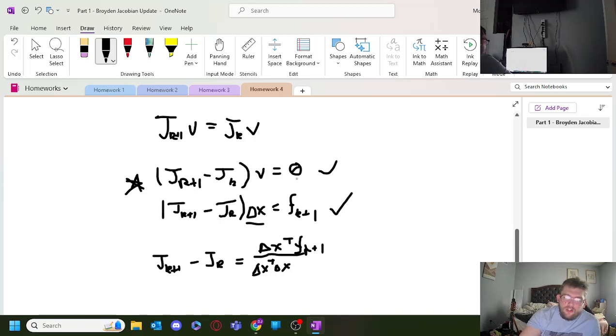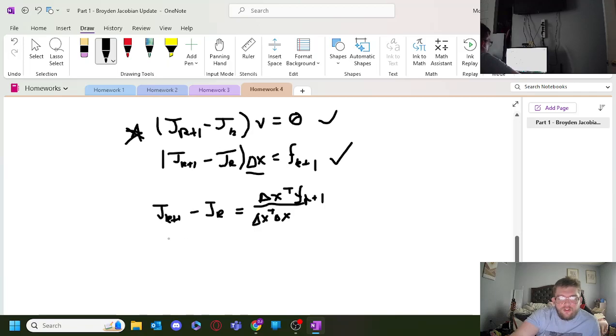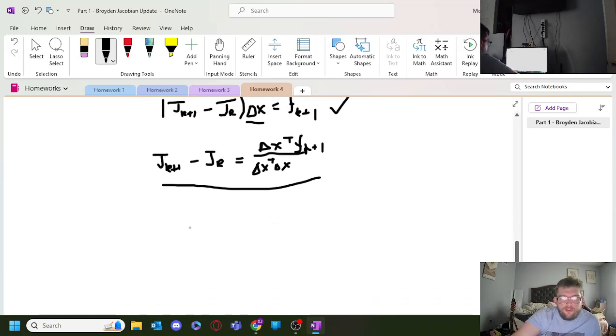So that's solved. Now if you go back to the first one, you still got that 0, canceling the f, canceling all this, making it still 0. So both of these are solved now. So this is where Broyden's method came from for the Jacobian update.